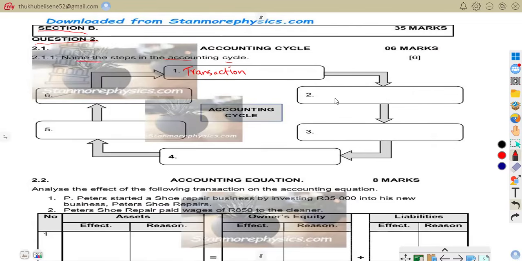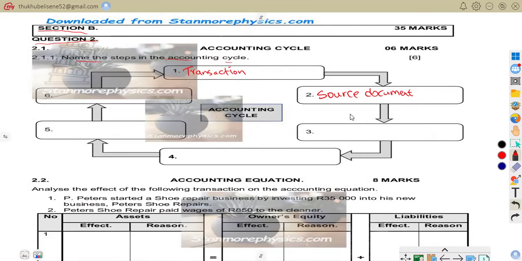Now the second one is a source document. A source document is proof that the transaction happened, so it helps accountants record correct information.